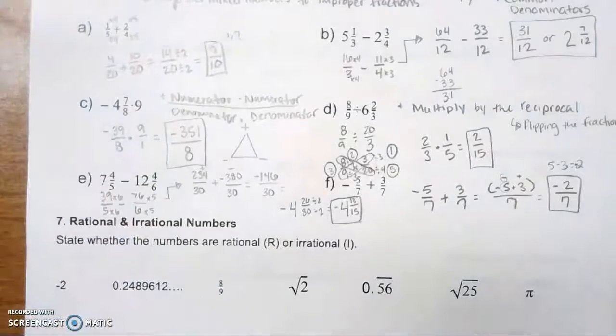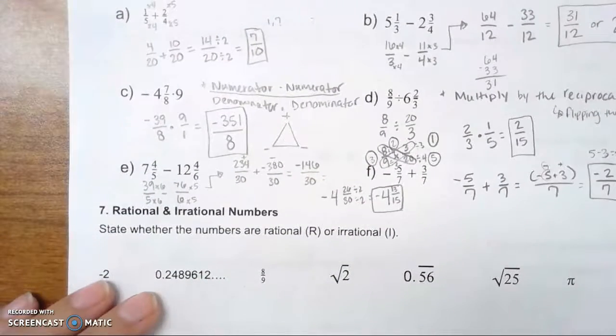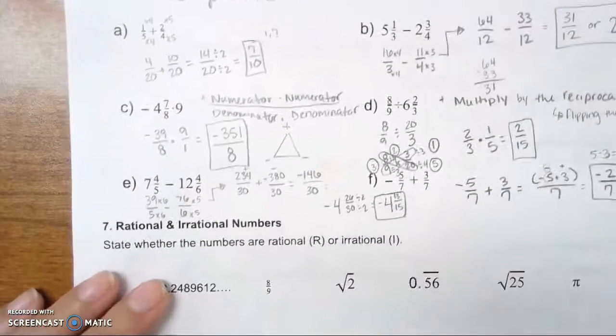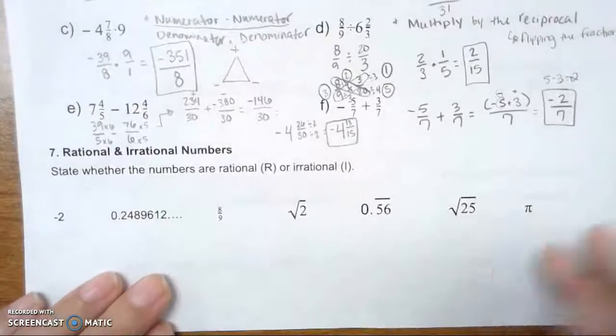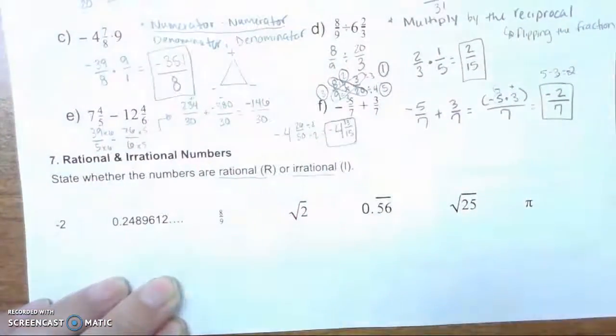Part 7, rational and irrational numbers. So, what's rational and what does irrational mean?